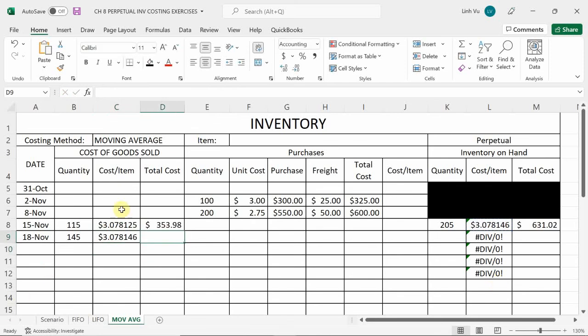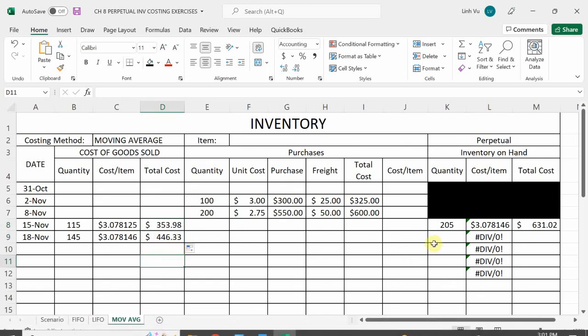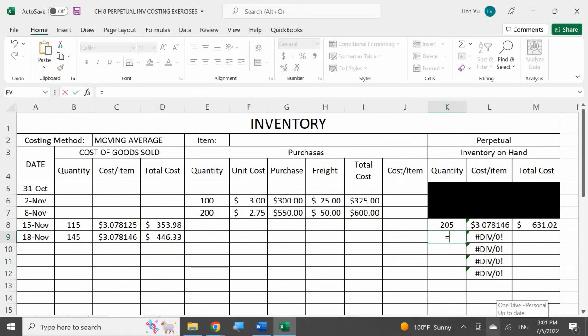So how much is that going to cost me in grand total? What's my cost of goods sold here? $446.33. Good. So let's go update my inventory.